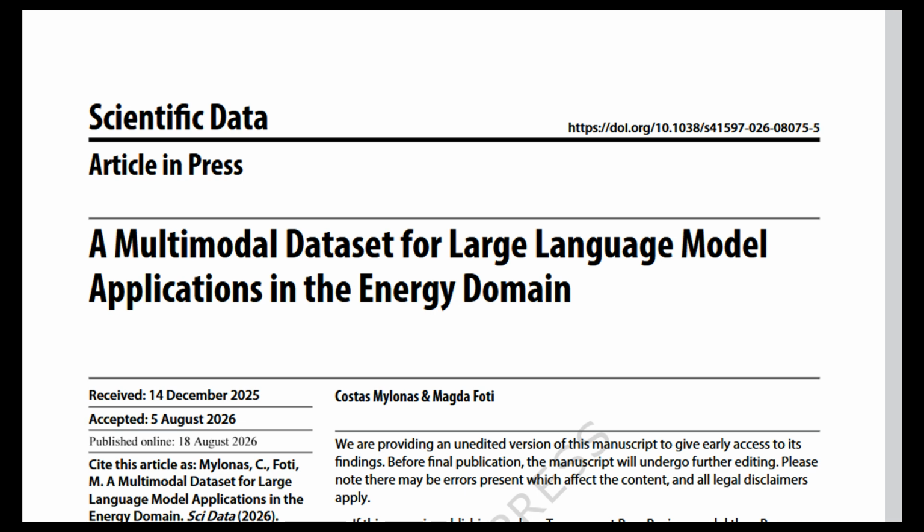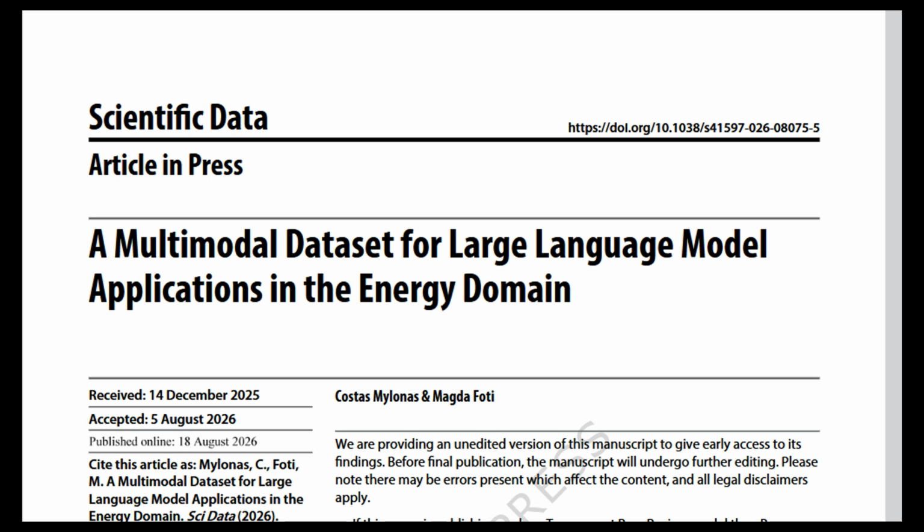The energy sector is undergoing rapid transformation driven by sustainability targets and digitalization. While AI and LLMs show significant potential for energy applications including information retrieval, knowledge integration, and decision support, their effectiveness depends on access to domain-specific, multimodal data.